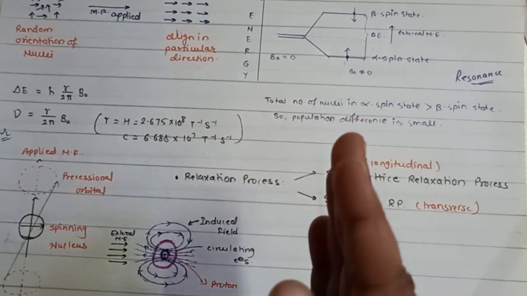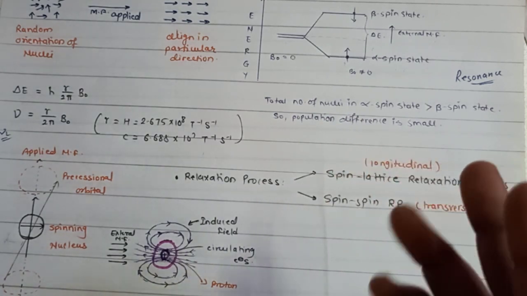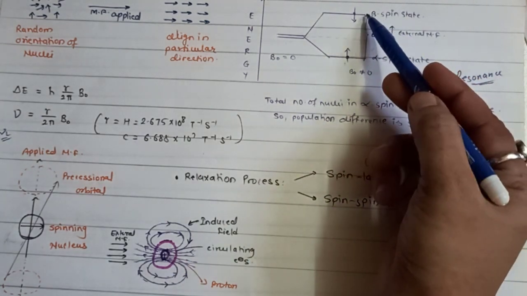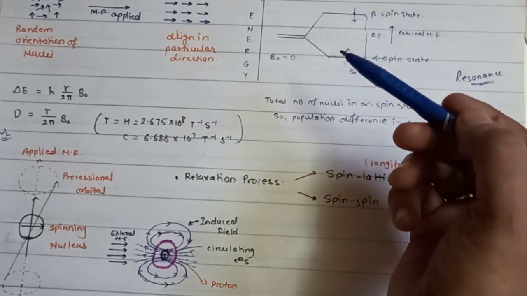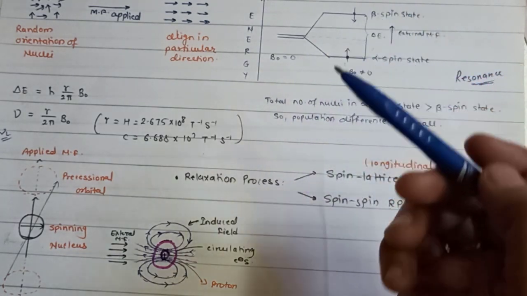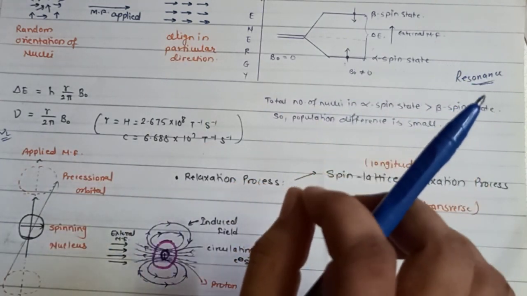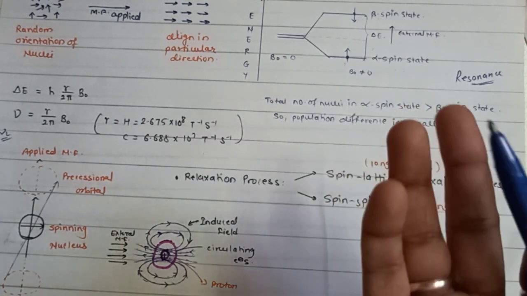So उसे यहाँ पर हम लोग स्टूडेंट बोलते हैं जनरली your spin lattice relaxation process, means they are going to interact over here. So these components of the lattice field can interact with the nuclei in the higher energy state and then cause them to lose energy, means returning to the lower energy state, and the energy that a nucleus loses increases the amount of vibration and the rotation within the lattice, resulting in a slight increase in the temperature of the sample.